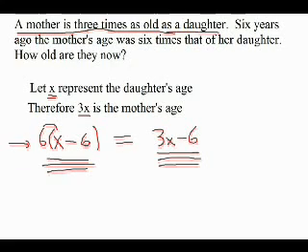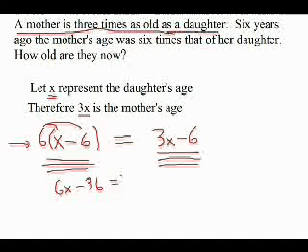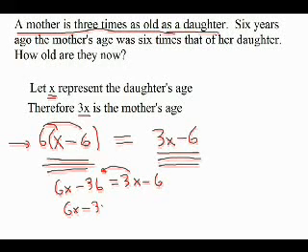The first thing we're going to do is distribute this 6 into the brackets. So 6 times x we would write as 6x. 6 times minus 6 is minus 36. On the right hand side we have nothing to simplify, so we just leave that as 3x minus 6. The next thing we're going to do is bring all of our number terms to one side and all of our letter terms to another side. So if we bring this 3x over to the other side, it's positive 3x on the right side, so it becomes minus 3x on the left side.